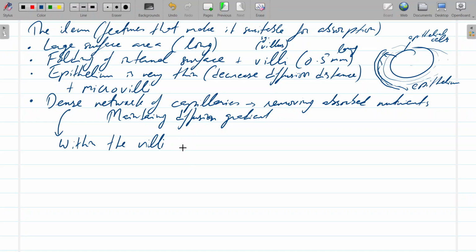From there, the capillaries join to form veins, and they form a vein called the hepatic portal vein.